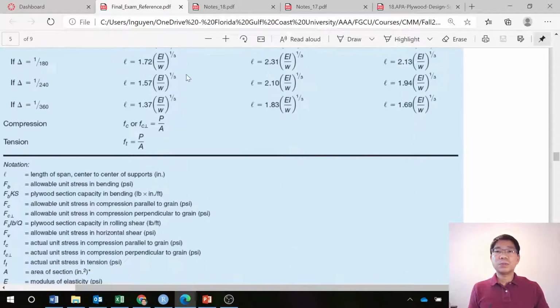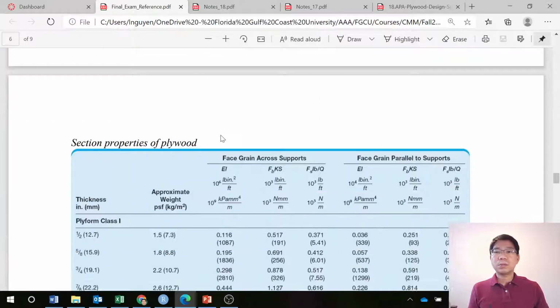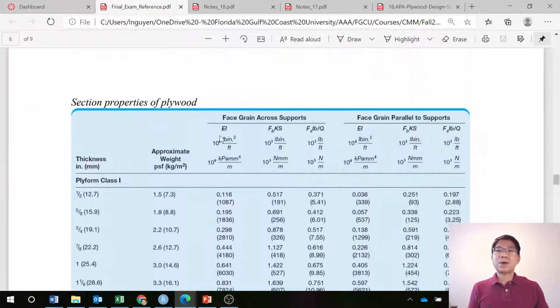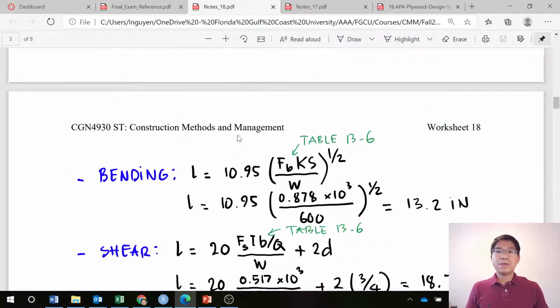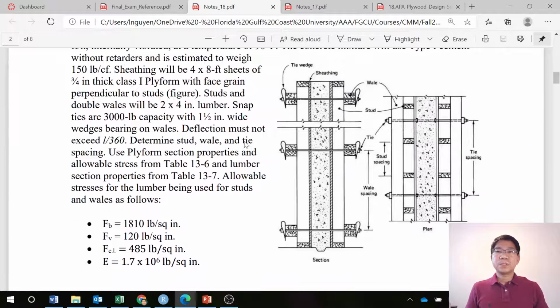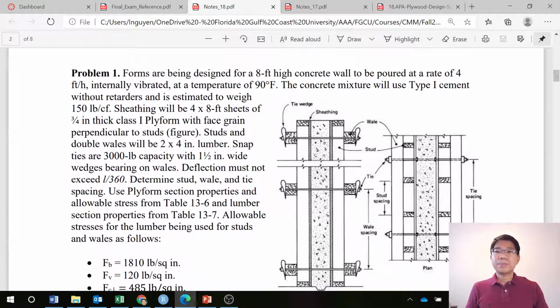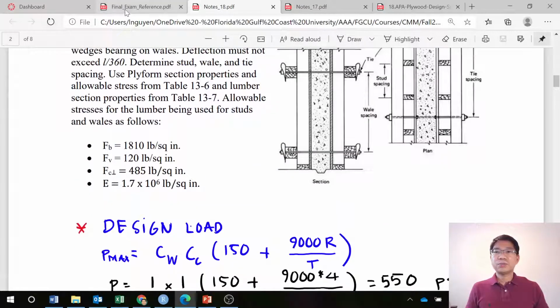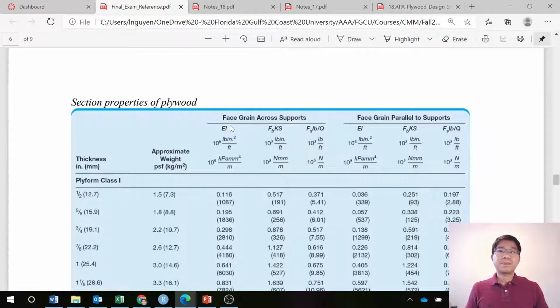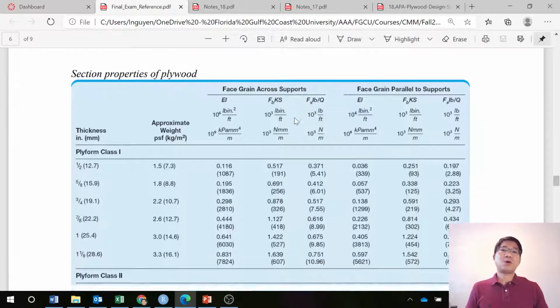So go to the next table. That is the section property of plywood, and you have KB, KS, and for face grain across the support or face grain parallel to support. So you can determine that one. In this problem, they give us the face grain perpendicular to the stud, so you can get that one, face grain across the support.